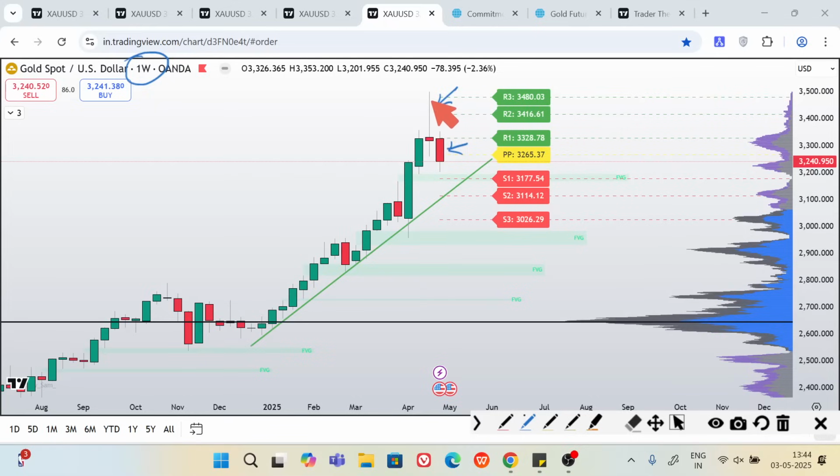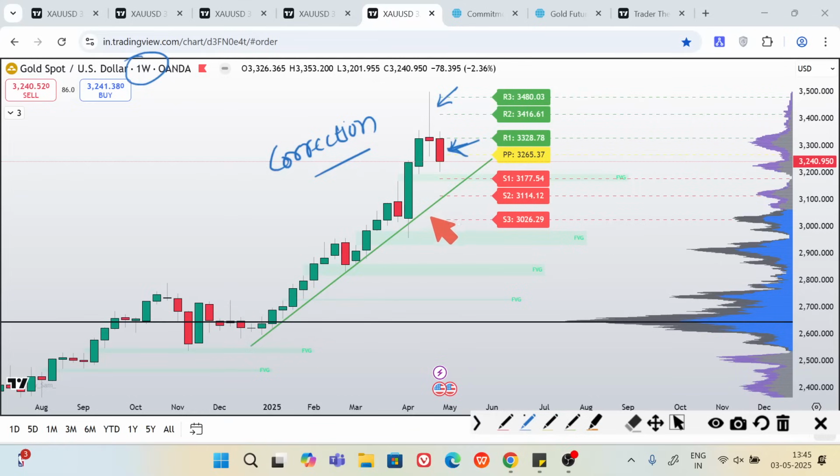So on the previous week we have seen a very good rejection, and now for the current closing week we have seen a good follow-up bearish candle, which is now confirming that the weekly time frame is now in correction phase. So yes, we are in correction phase on both weekly and daily time frame, as you can see on price action. So on weekly time frame, what are the levels that we have to watch?